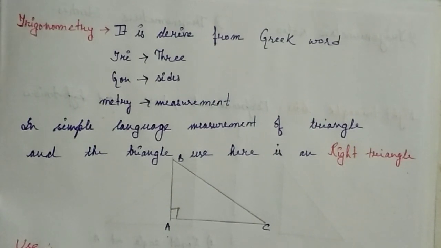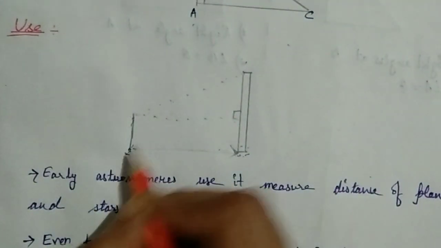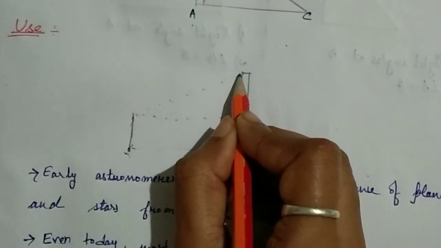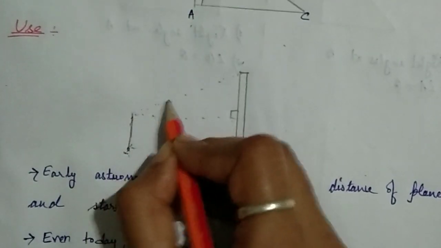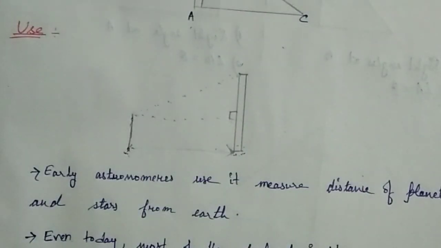Now the question arises: what is the use of trigonometry? Why are we studying it? Let us consider a building and a person standing here, looking at the top of the building. We can imagine a right triangle here which forms a 90 degree angle.